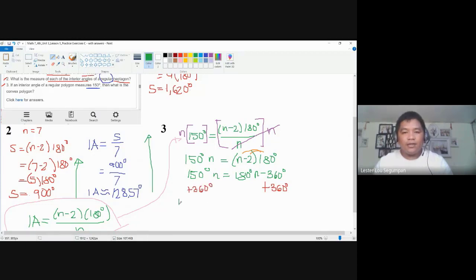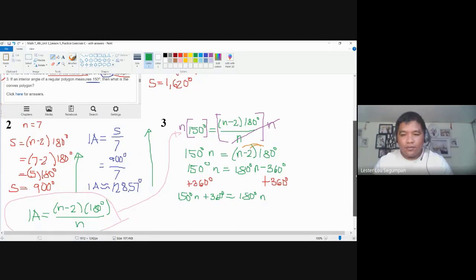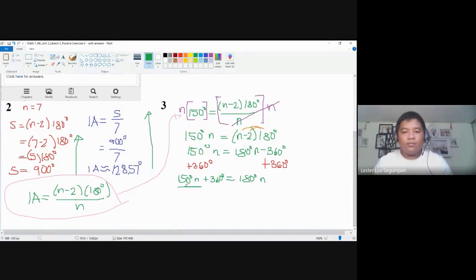So we will get 150 degrees n plus 360 degrees is equal to 180 degrees n. Again, our goal here is to solve for n. So we are going to remove this by subtracting both sides by 150 degrees n.